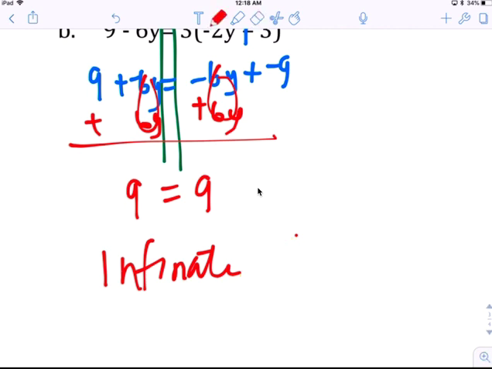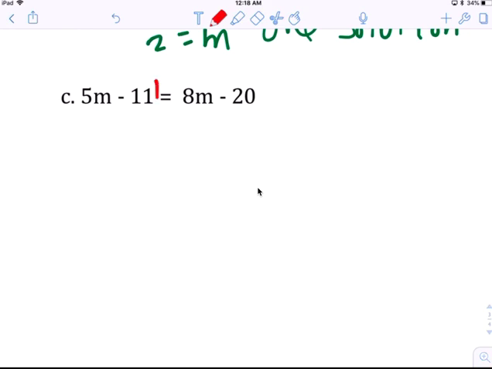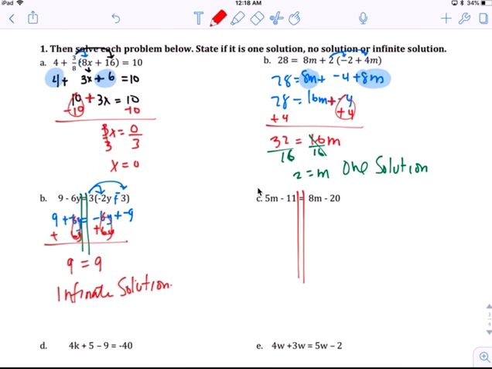Infinite solutions. It's late. Okay, and then C. This is one solution also.